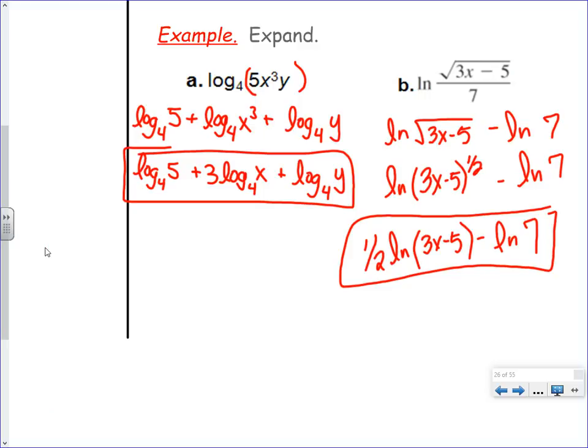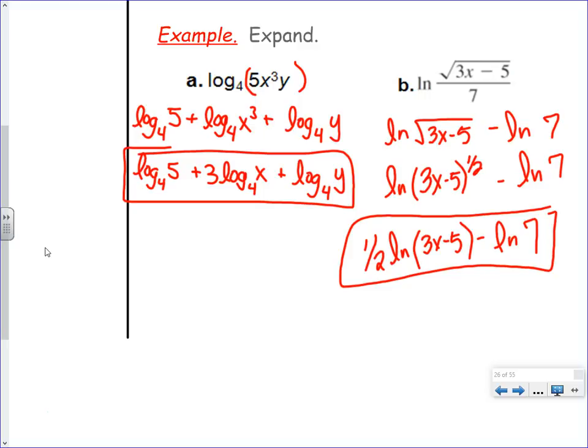Cool. Now, over here on this side, what could I have read as I was reading the problem that should have gone to the minus an additional logarithm? Quotient power. Yeah. The quotient rule, and then eventually the power rule. The quotient rule, ln of this divided by, so I write ln of the top divided by minus an additional log.